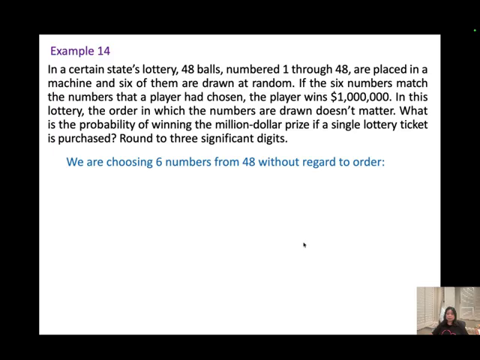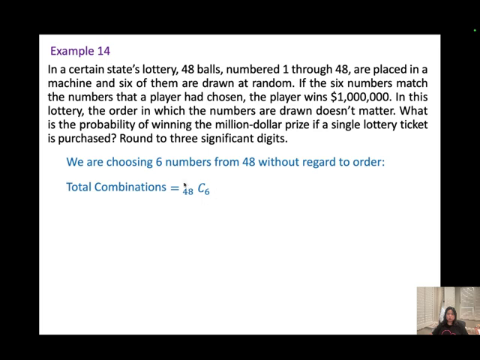So we are choosing 6 numbers from 48 without regard to order. Okay, so the order doesn't matter, so we'll be using the combination. And then the total combination: we can have 48 numbers, and then we're going to pick 6. So 48C6 here.